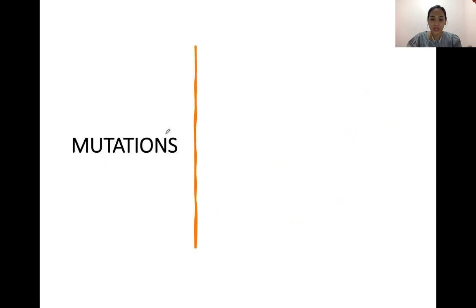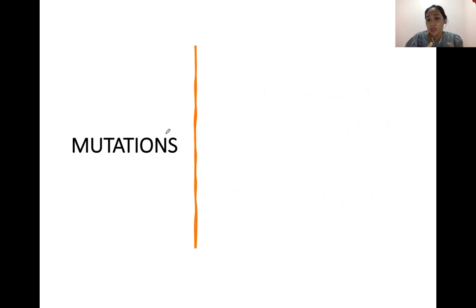Next, we have mutations. So in the DNA sequences, there could be changes. In our discussion of proteins, last lecture video, we were talking about sickle cell anemia and sickle cell hemoglobin. In that sickle cell hemoglobin, there's a change in the amino acid sequence at the primary level of organization of the protein.